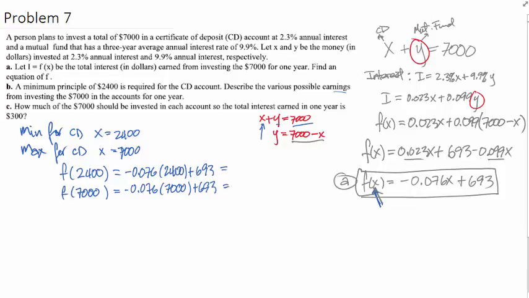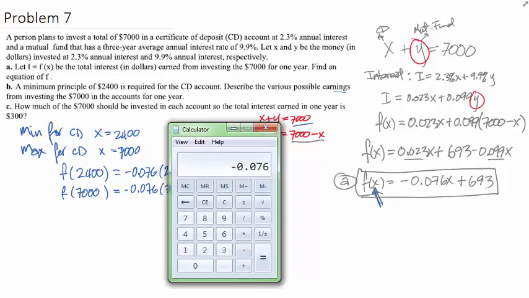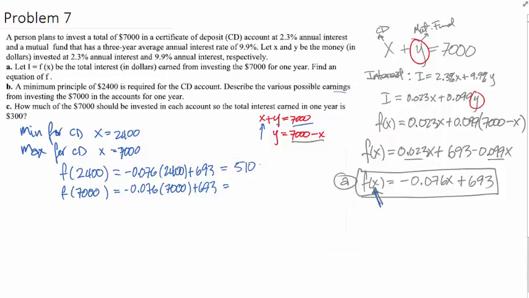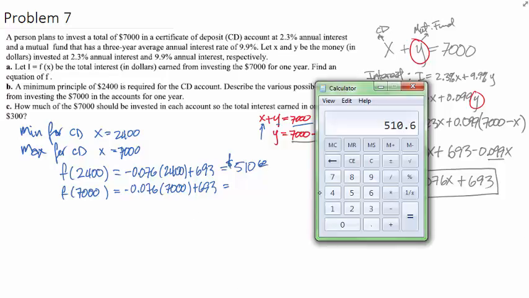Okay, so let's figure out our range of values. Let's use our calculator. We have this number, we want to multiply that by 2,400, and then add 693. That's $510.60. Let's do the same for the second one.